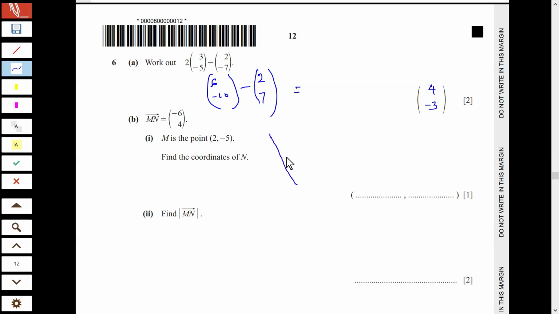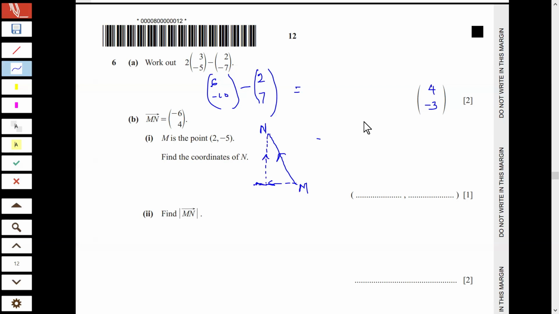This is the vector MN. Okay, so -6 means we'll move towards the left side. +4 means we have to go up like this.